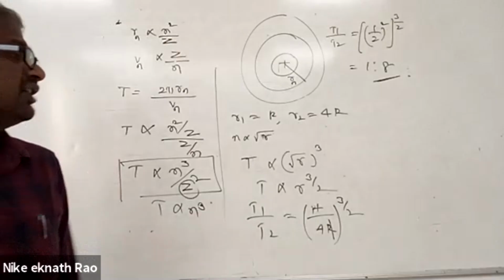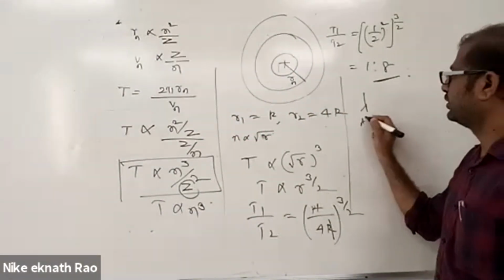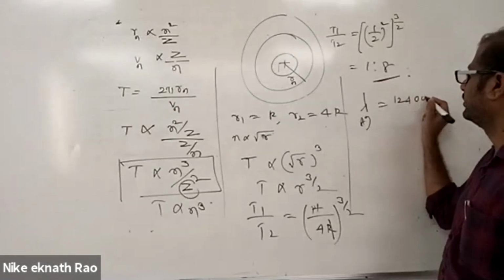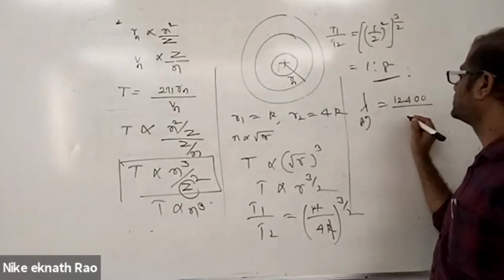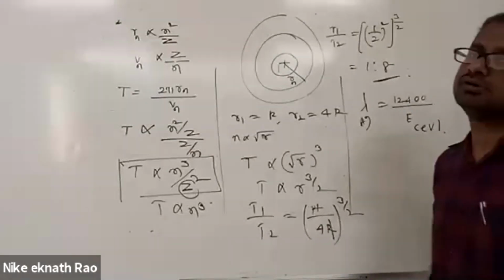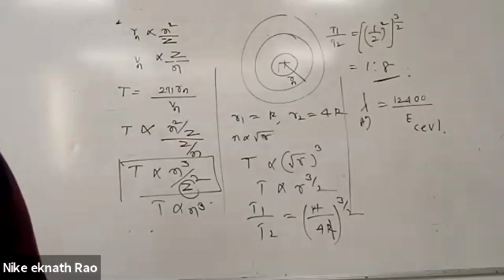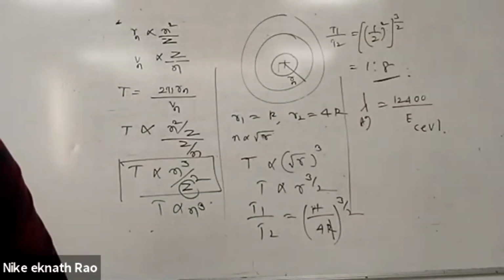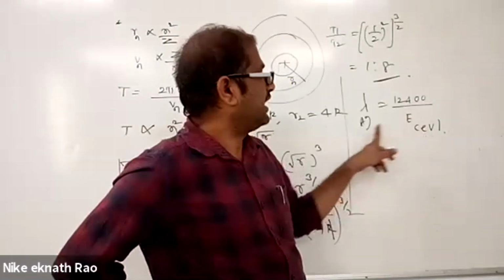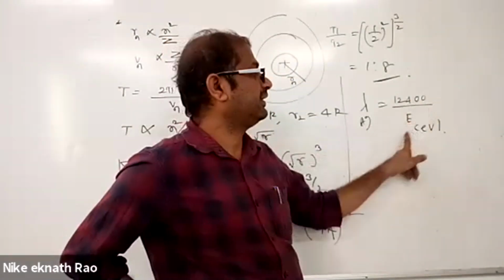And you know energy, electron volt, and lambda. Everyone knows, no? If you want lambda in Angstrom, it is 12,400 divided by energy in electron volts.